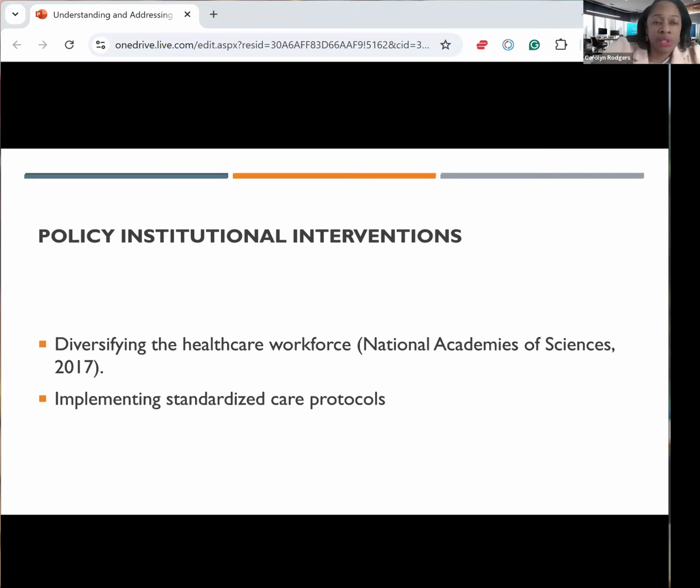There are different policy and institutional interventions that we need to look into. And again, that is one of the reasons why I mentioned diversifying the healthcare workforce, because we need to have representation from everybody that's being treated within the facility so that they all can offer their input. And then there's also implementing standard care protocol. When you have standard care protocol, then there are no differences in the treatment protocol that patients will receive based on their race, ethnicity, or gender.